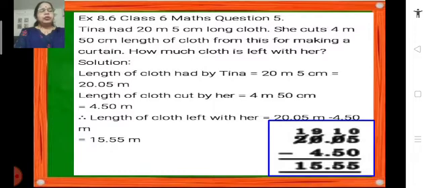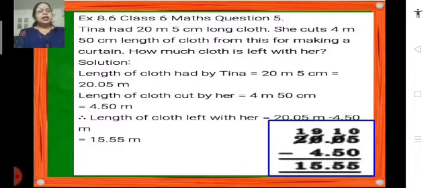5 minus 0 becomes 5 in the hundredths place. Then we move on to the tenths place. Here we have 0 minus 5 which cannot be done. So, 1 is borrowed from the 1's place and it becomes 10. So, 10 minus 5 becomes 5. Then we put the decimal and move on to the 1's place.